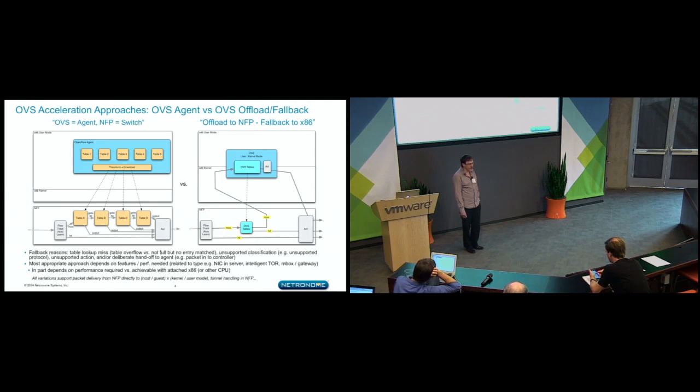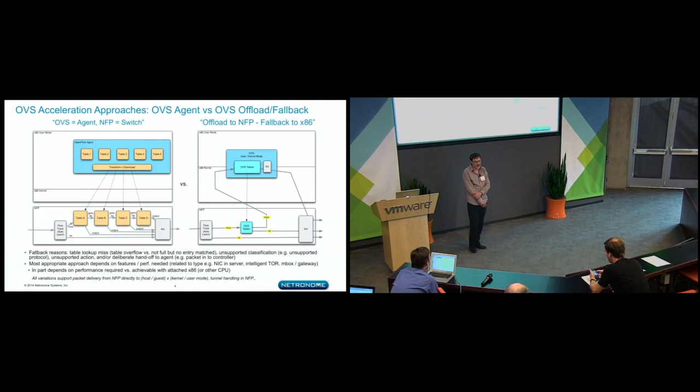So on the right-hand side, you see the offload and the fallback approach. And there we have the diagram being very ambiguous. It's straddling the kernel and the user mode. That's because at this point, we're not making that decision. It could be either slaved off kernel or off user mode. But the important point here is we are falling back to the x86 now.